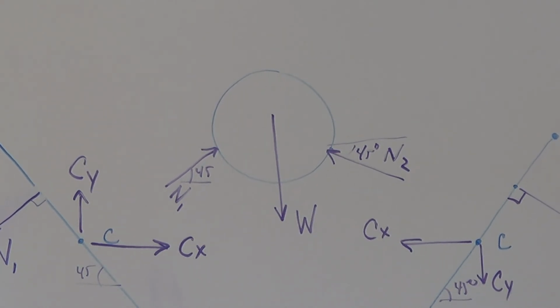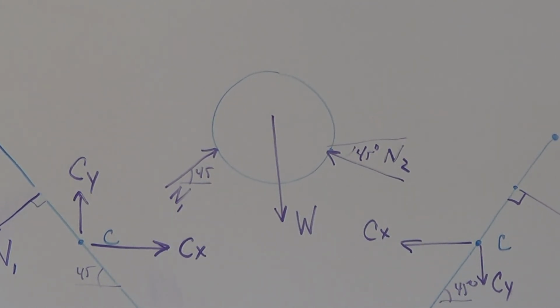Not just because it's supporting the ball, but also because the bars are totally symmetric, right? They're in the same direction. If the bars were like this and they were in different directions, then they would be supporting it differently. But this is totally symmetric. The weight of the cylinder has to be uniformly distributed.